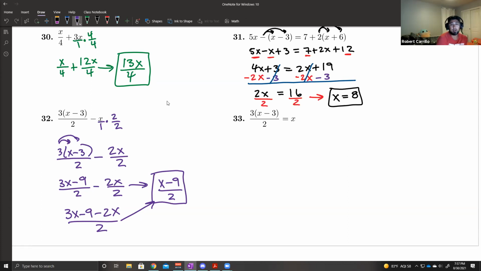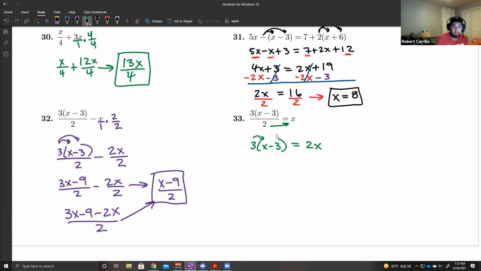33. This is just like all the other ones we've seen today. What do I do with that 2 in the denominator? Multiply it to the right side. Let me change colors. Multiply that to the right side, and the left side is 3 times x minus 3 equal to 2x.